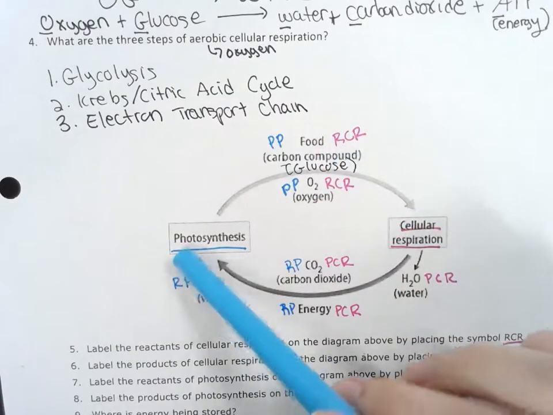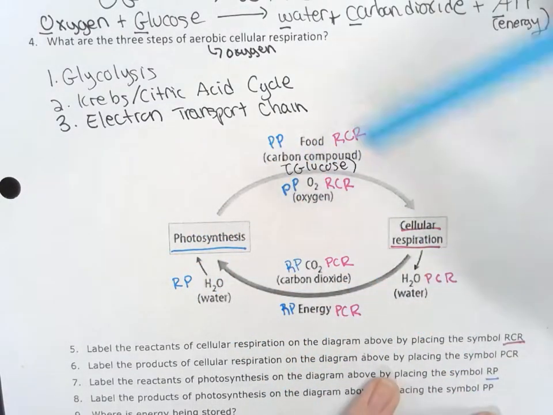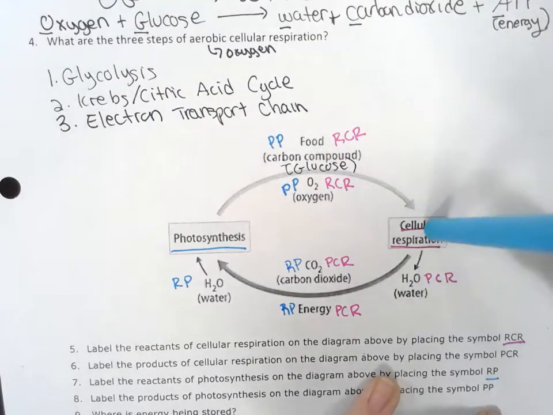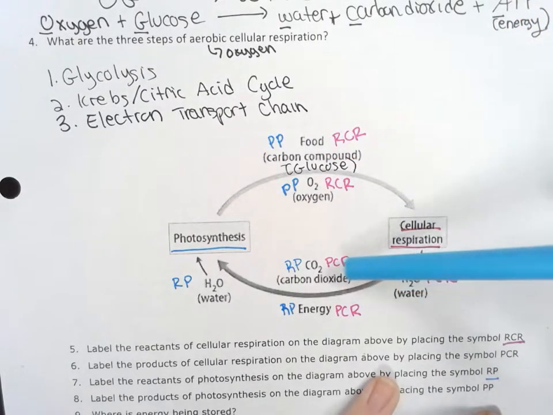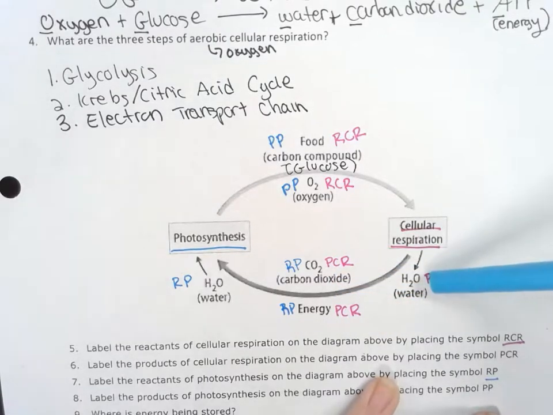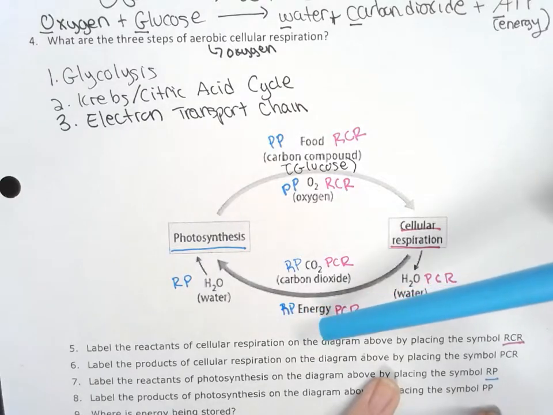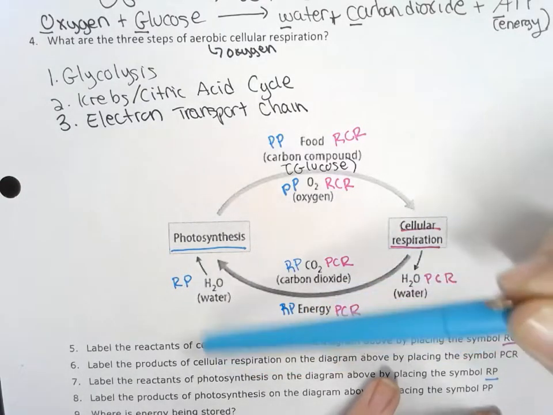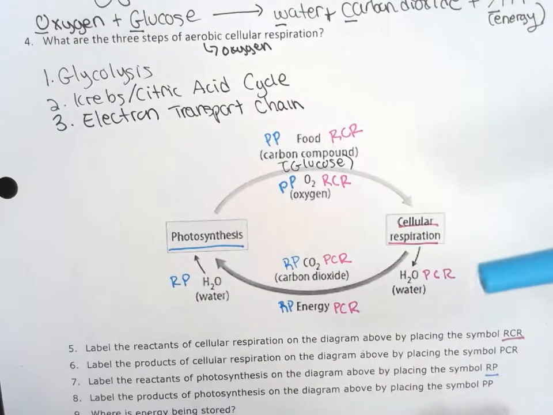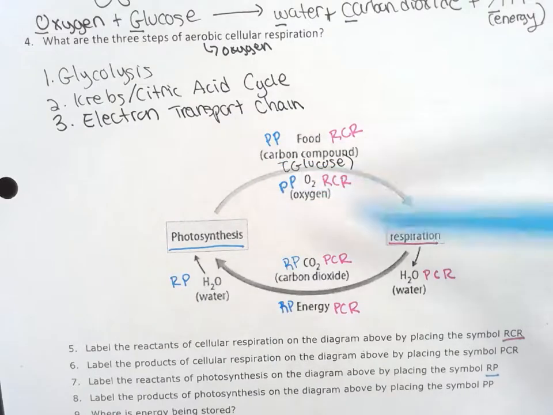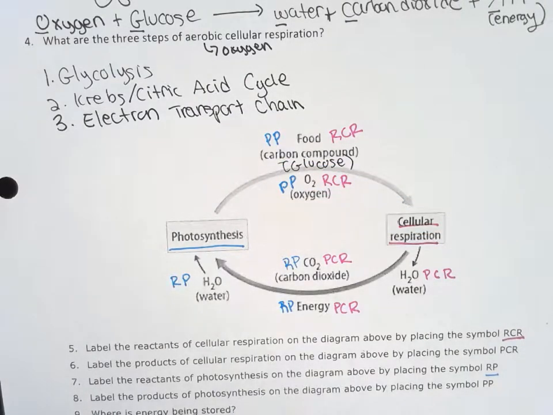That means that any product of photosynthesis then becomes a reactant of cellular respiration. Similarly, if I looked at all of the products for cellular respiration, I see they are all also labeled as a reactant of photosynthesis. Anything released from cellular respiration becomes the reactant for photosynthesis. So it operates in this cycle between cellular respiration and photosynthesis.